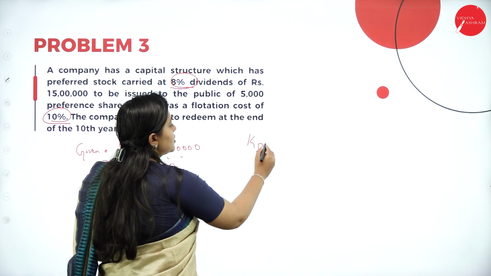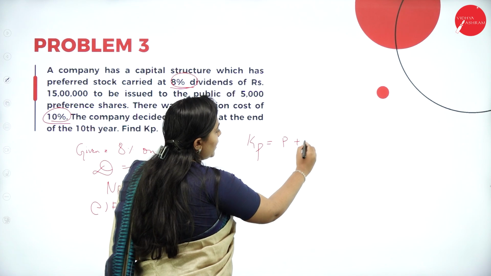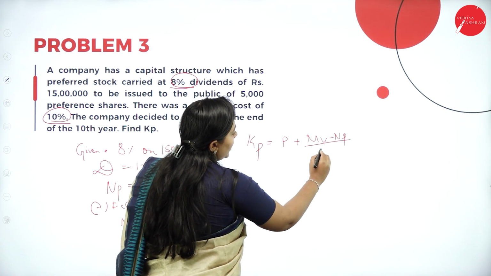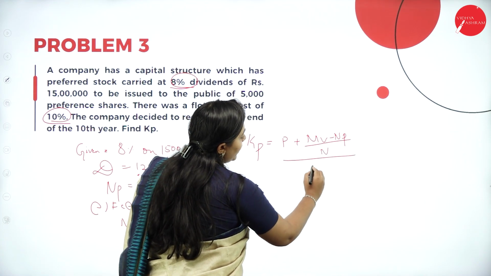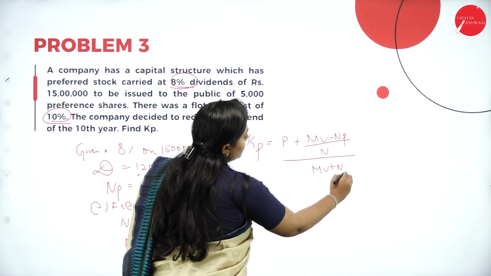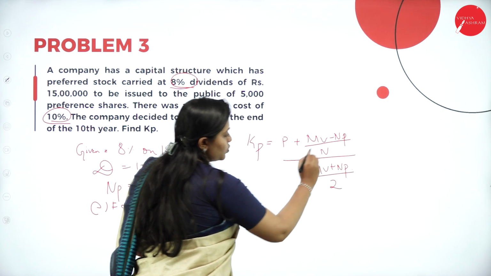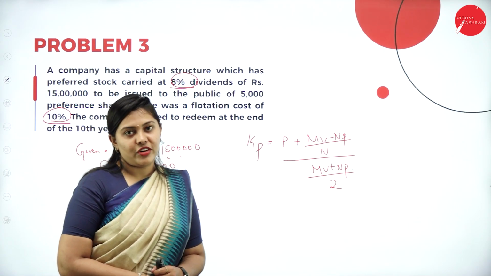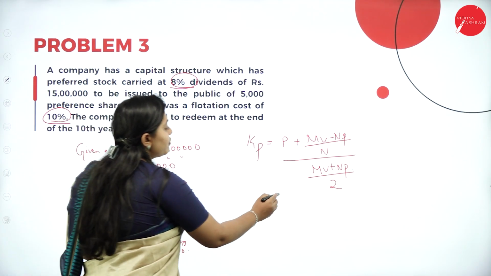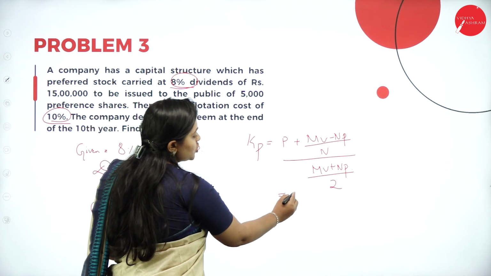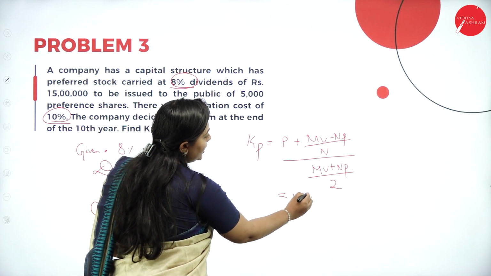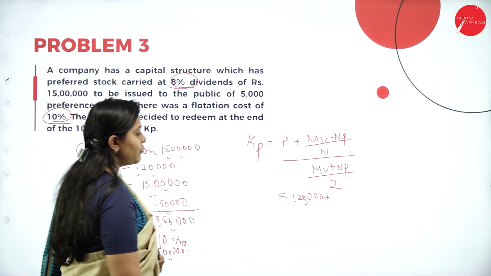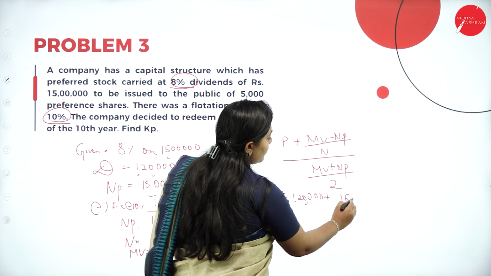What is the formula for cost of redeemable preference share? It is preferential dividend plus maturity value minus net proceeds divided by number of years, whole divided by maturity value plus net proceeds divided by 2. So what is preferential dividend? 1,20,000. Plus the maturity value, 15 lakh.